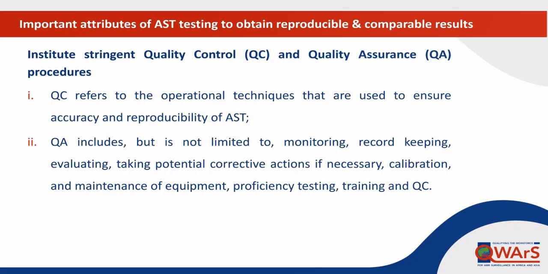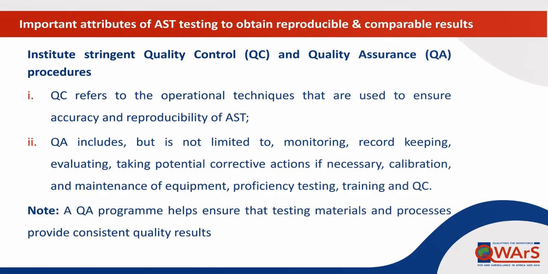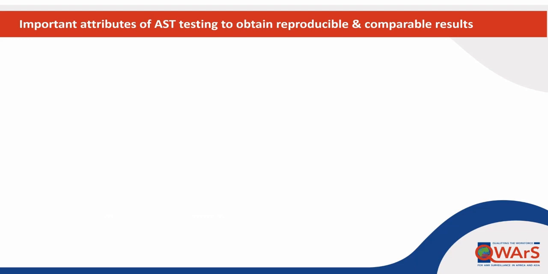QA includes but is not limited to monitoring, record keeping, evaluating, taking potential corrective actions if necessary, calibration and maintenance of equipment, proficiency testing, training, and QC. A QA program helps ensure that testing materials and processes provide consistent quality results.